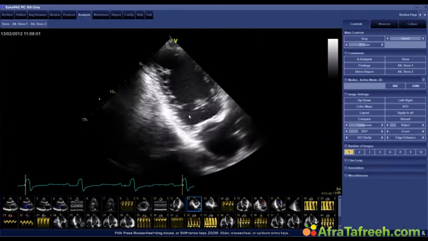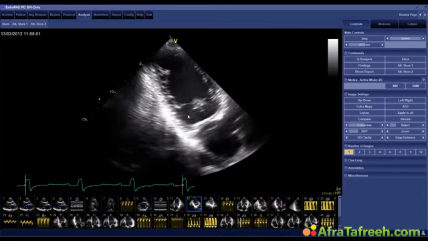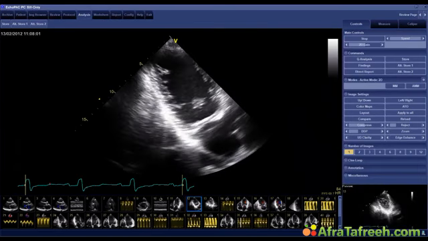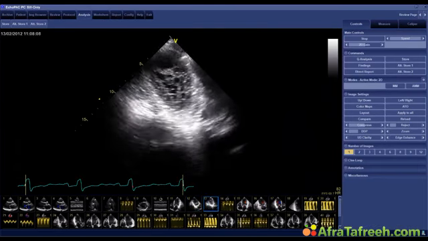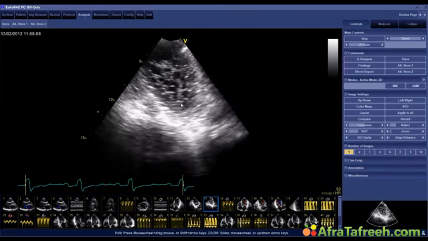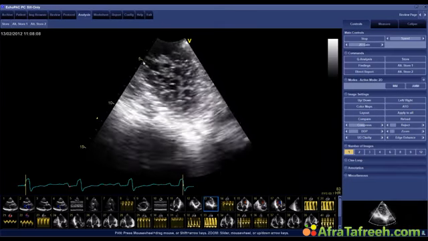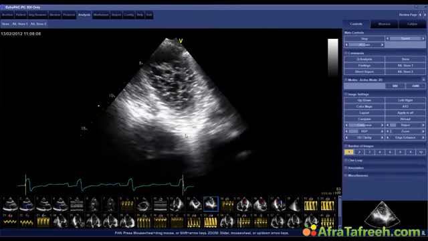Now, what is the isolated non-compaction syndrome? What is actually this disease all about? Well, we don't really exactly know everything about the disease. Again, this is a very atypical view where you can see how spongy the appearance of the left ventricle is.